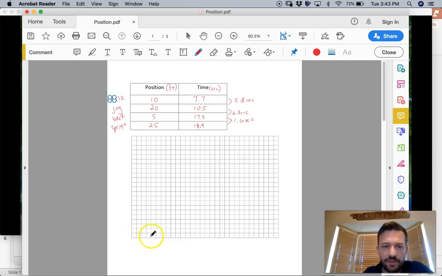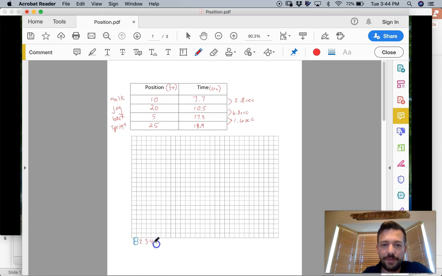1, 2, 3, 4, 5, 6, 7, 8, 9, 10, 11, 12, 19. Okay, so there's 19 right there. So I'm not going to be able to double the amount. I'm just going to do every line as 1 second. So we got 1, 2, and sorry guys, it does that thing on the first one that I draw.